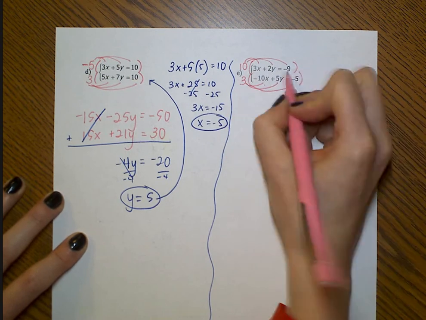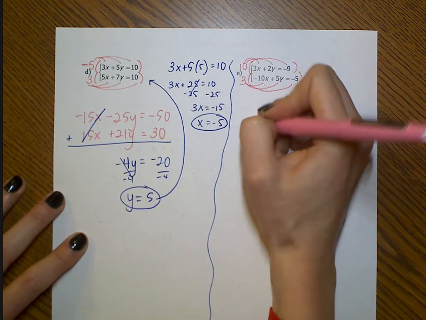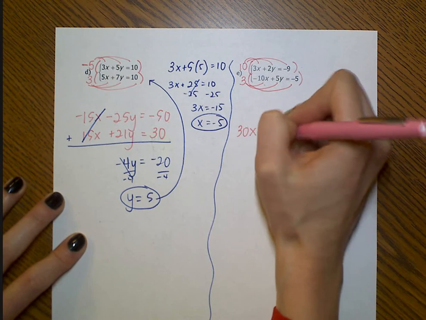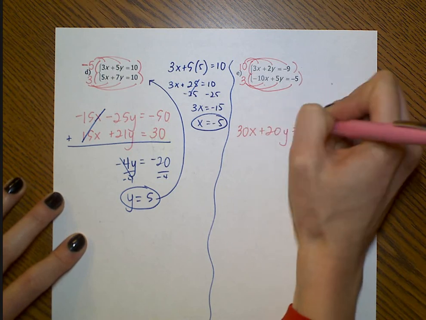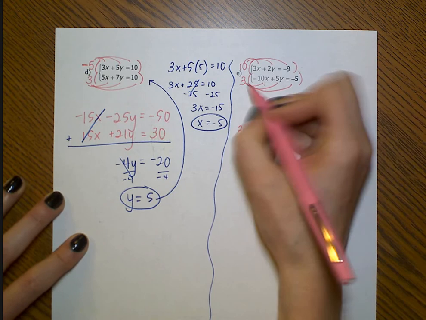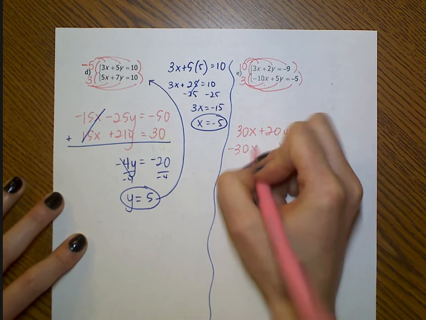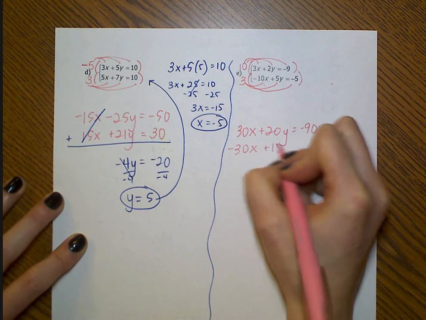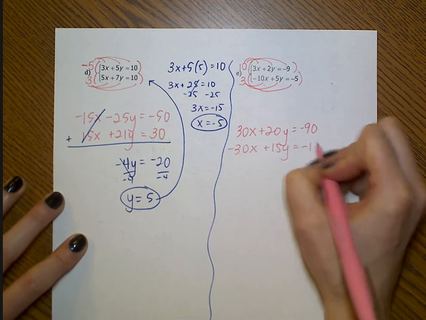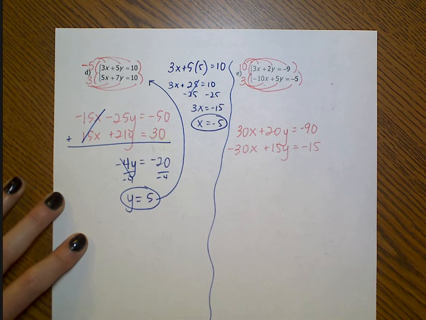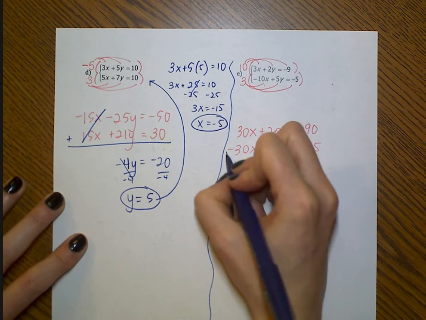Okay, so the top equation will now look like 30x plus 20y equals -90. And distributing 3 to the bottom equation, I'll have -30x plus 15y equals -15. Now I'm ready to add them together.